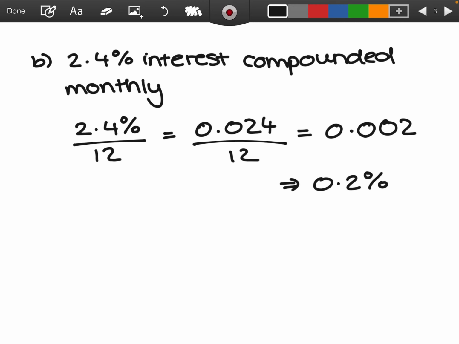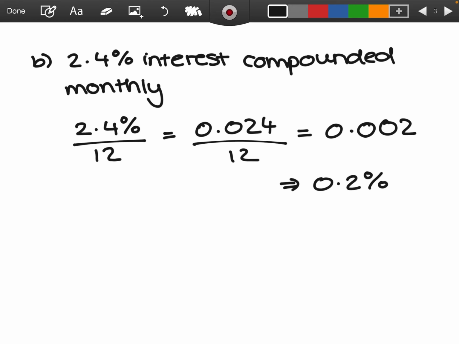So for example, for $100, I would only be gaining 20 cents for the first month. And then I would gain another 0.2% on my $100.20. And then I would gain another 0.2% on my next amount, and so on. And you do that for the whole year. So you can go ahead and figure that out for each month.